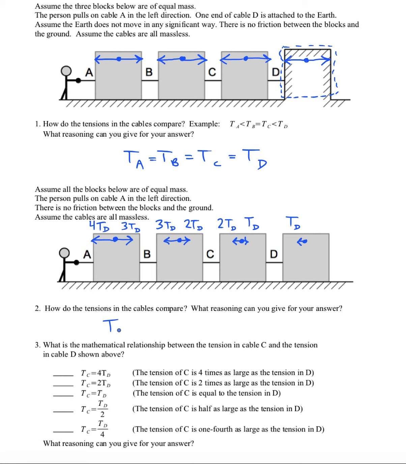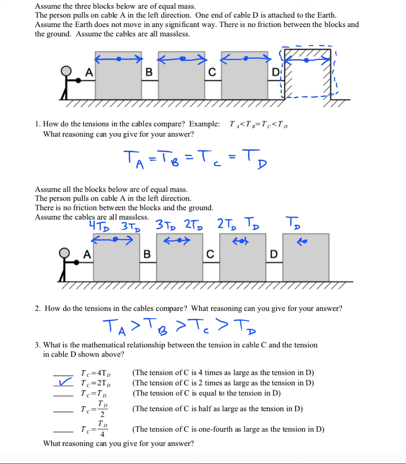So, the tension in A is greater than the tension in B, which is greater than the tension in C, and that's greater than the tension in D. The correct mathematical relationship is this one.